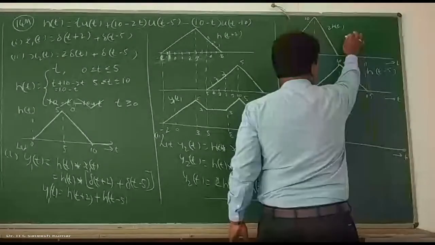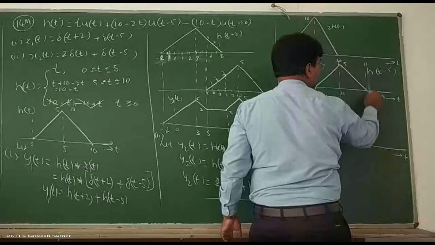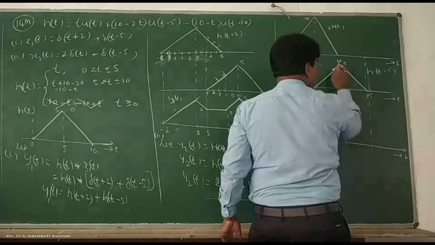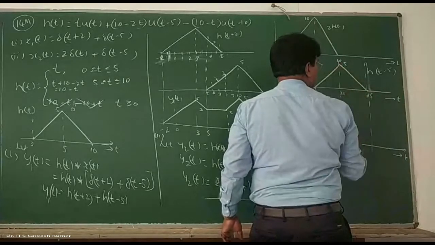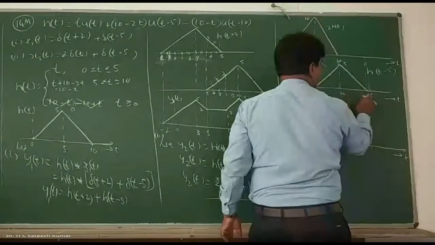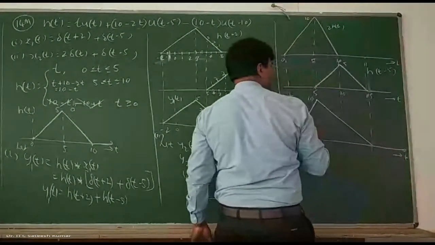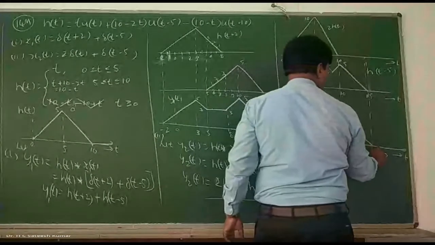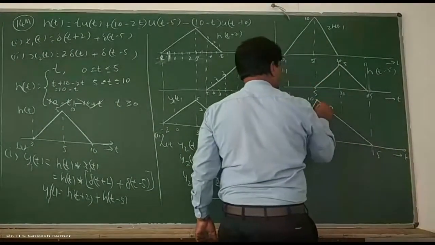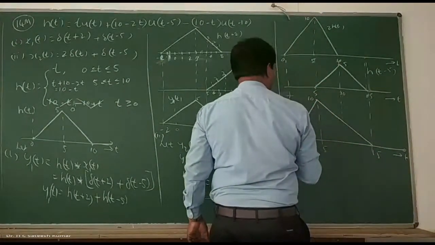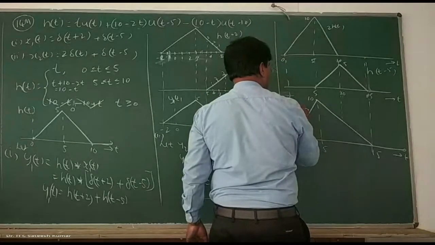Next, between 10 and 15 it is decreasing from 5 to 0, so we go as it is. You can write 15, and this will be 5, this will be 0. This is your y2 of t.